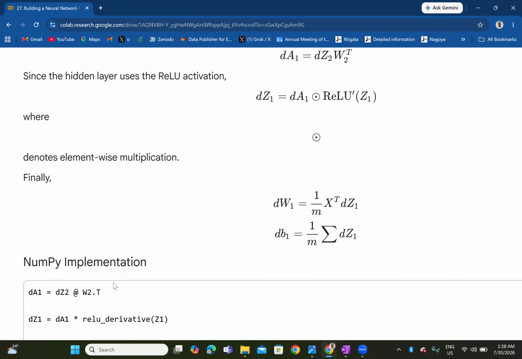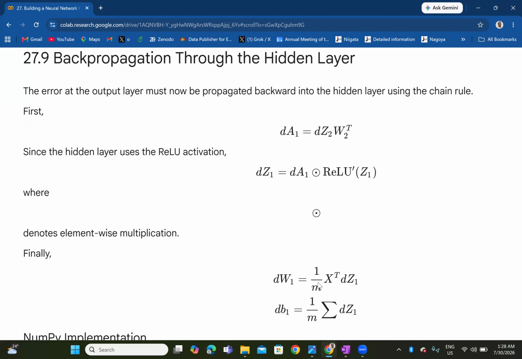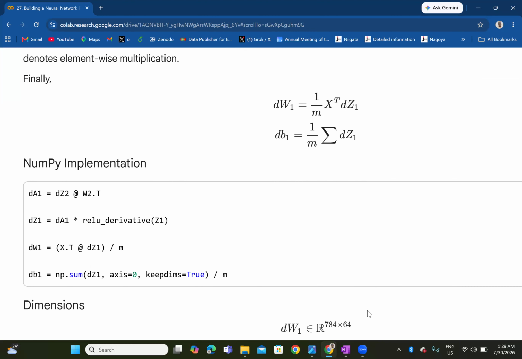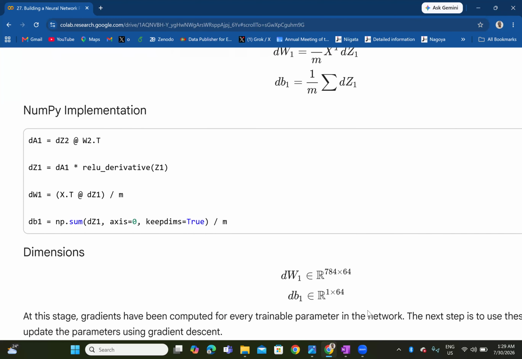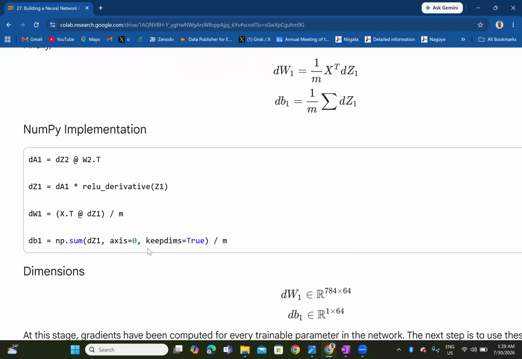And finally, you get dW1 equals 1 over m X transpose dZ1, and db1 is 1 over m summation of dZ1, like that. And then you have the NumPy implementation also described here. You're going to implement all of this at the end of the day. So pretty much everything you have here is put in equation form right here.